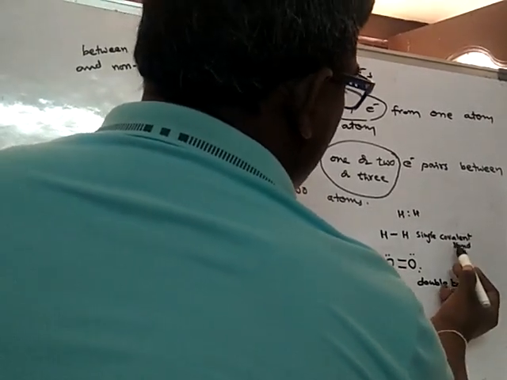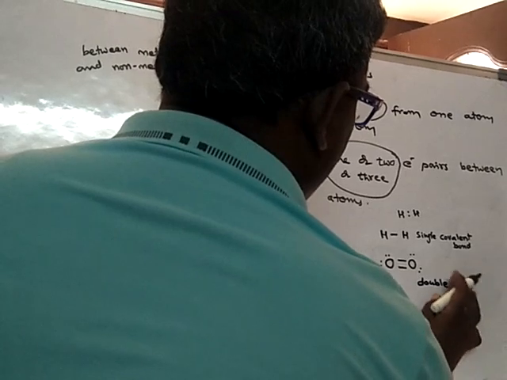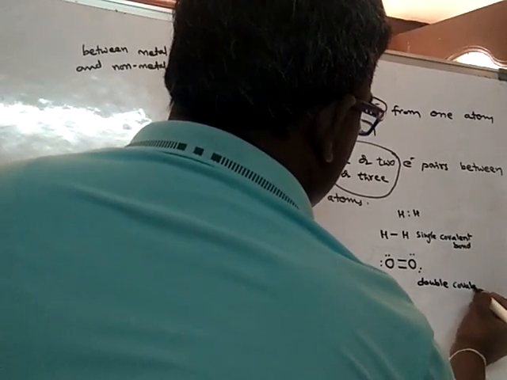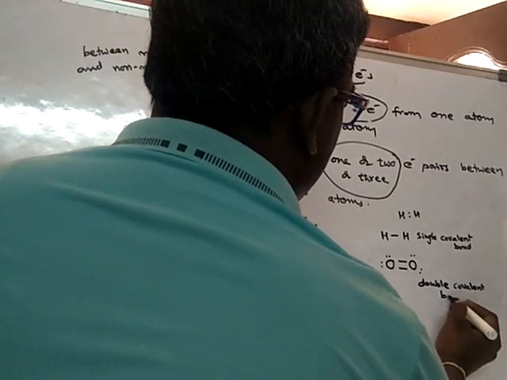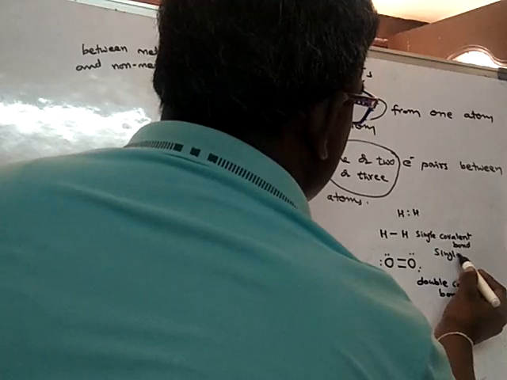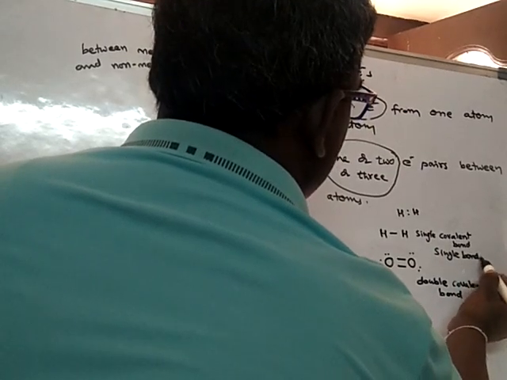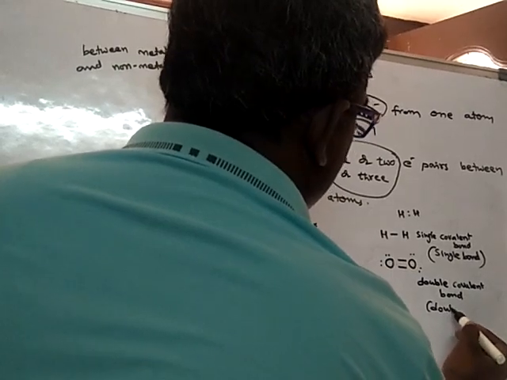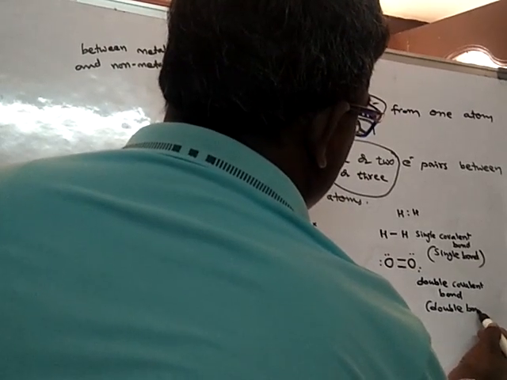Hence it is called a covalent bond: a single covalent bond, a double covalent bond. Or else we can call it simply a single bond, and this a double bond.